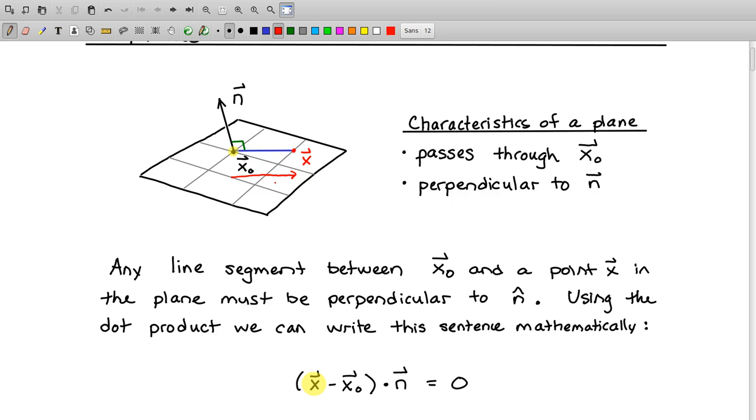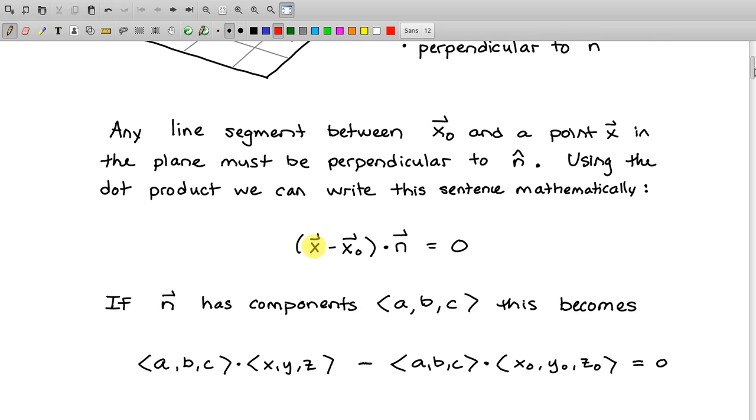And then the definition of a plane is that for any point x in the plane, that line segment is perpendicular to n. And so we say (x minus x naught) dot n equals 0. And this short little equation right here characterizes a plane, defines a plane with a given perpendicular normal n and member point x naught.